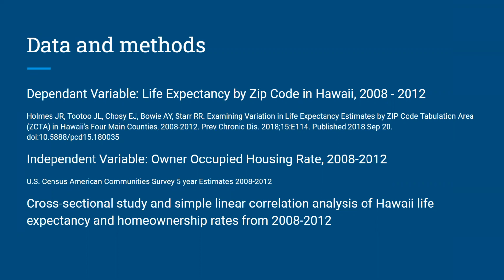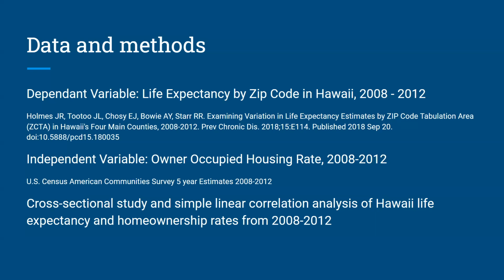The independent variable was the owner-occupied housing rate from 2008 to 2012. This data came from the United States Census and the American Community Survey with the 5-year estimate from 2008 to 2012.